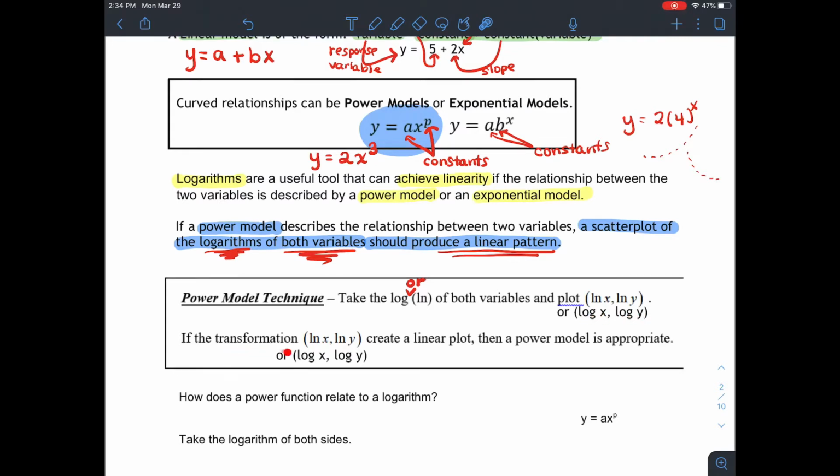When you transform every x variable into, say, log x and every y part of your point into log y and plot those new points, that is going to create a linear plot. And if the scatter plot looks linear, that means the original model was a power model.